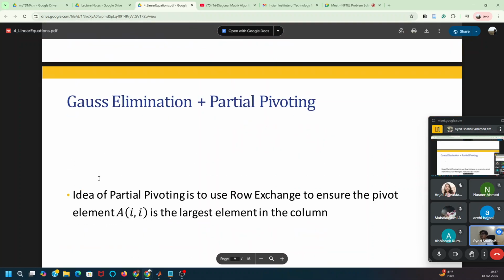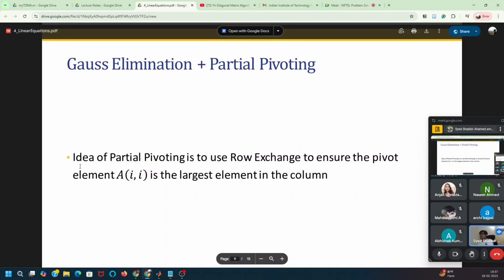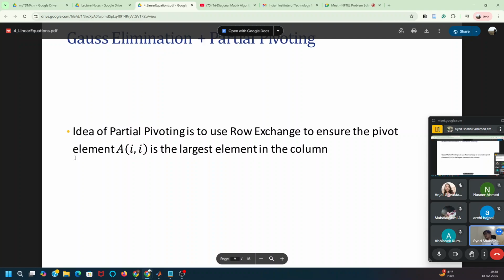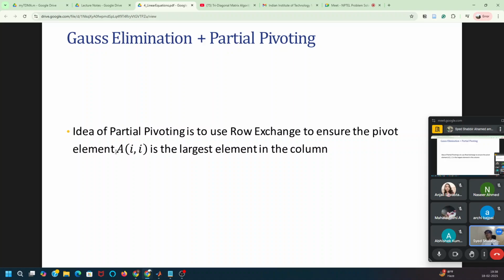Then we have also seen partial pivoting in Gauss elimination, along with just doing Gauss elimination. Sometimes it becomes efficient to do partial pivoting. Partial pivoting is nothing but exchanging the rows so that in a particular column, the pivot element is the largest.